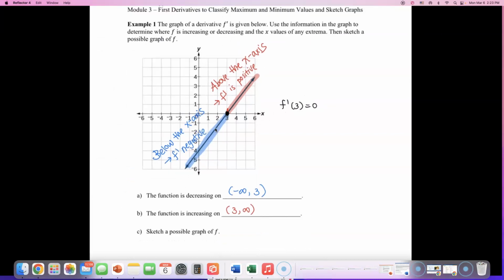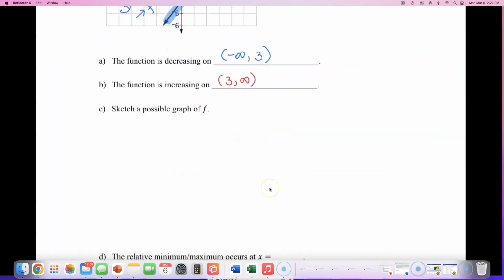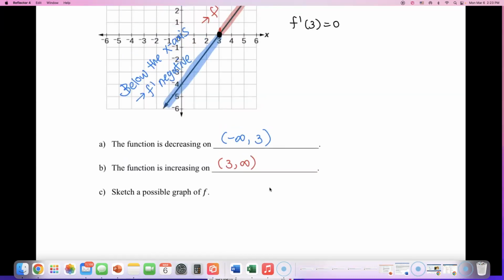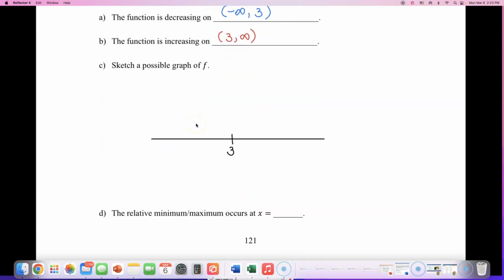All right, they said sketch a possible graph of f. So I'm going to use this to sketch a possible graph of f. So hold on, a number line, and I'll just put my very special point of 3, because 3 is where things would change. To the right of 3, the graph is increasing. To the left of 3, the graph is decreasing. So I may graph a picture that looks like this. First, decreasing to the left of 3, so I may have a graph that comes down.